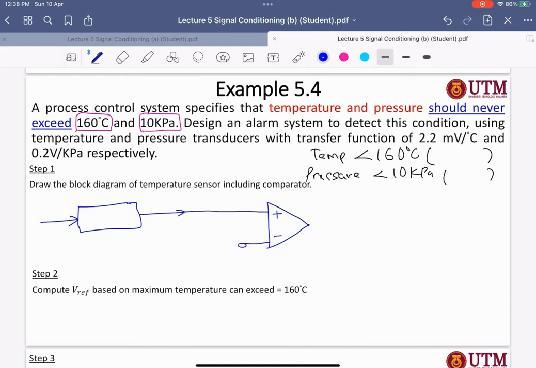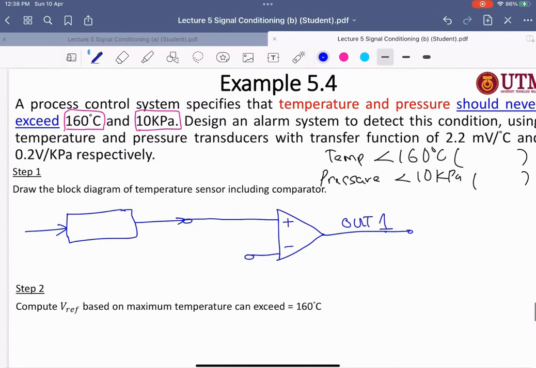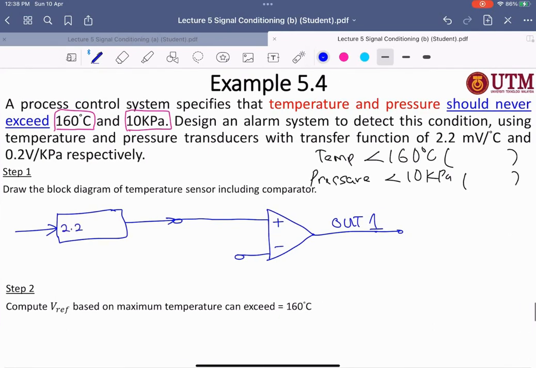Then it is connected to here, and this one you will have the output 1. Now the temperature has the transfer function 2.2 millivolt per degree, which means the input will be degrees and the output will be millivolts.